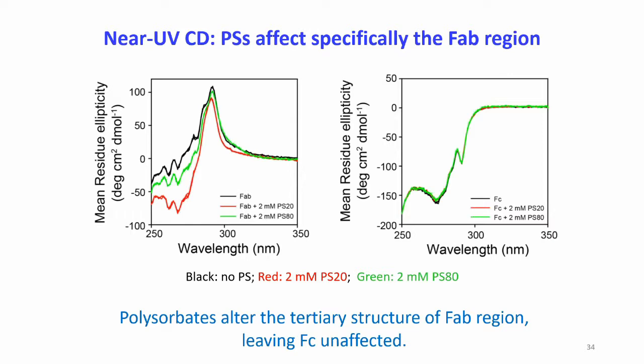The left panel shows the Fab, the right panel shows the Fc, and you can clearly see that there is a big difference in the near UV-CD spectra of the Fab, but we really don't see much change in the near UV-CD spectrum of the Fc, which immediately says that polysorbates are binding to the Fab region, not to the Fc region, at least in this antibody, and they perturb the tertiary structure of the Fab, leaving the Fc unaffected.